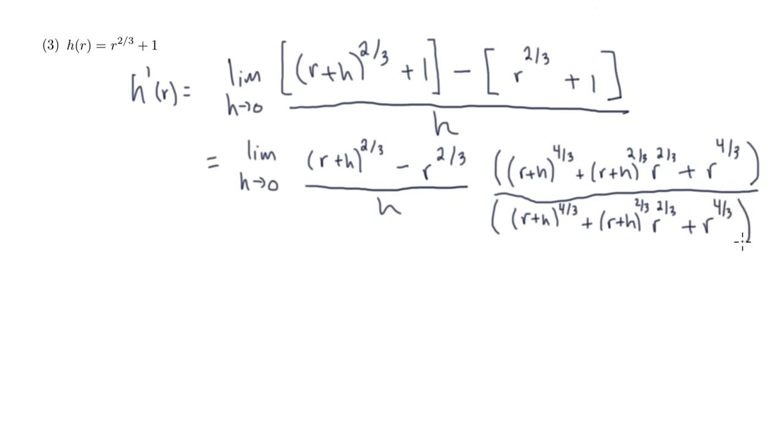And so what's the point? Well, if I multiply all this out in the numerator, I'm going to get a difference of cubes. I'm going to get this cubed minus this cubed. If you don't believe me, just distribute it out, or you can take my word for it, either way. So this cubed is just (r plus h) squared.